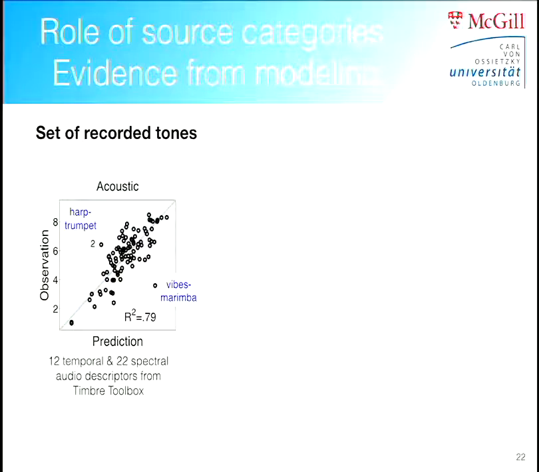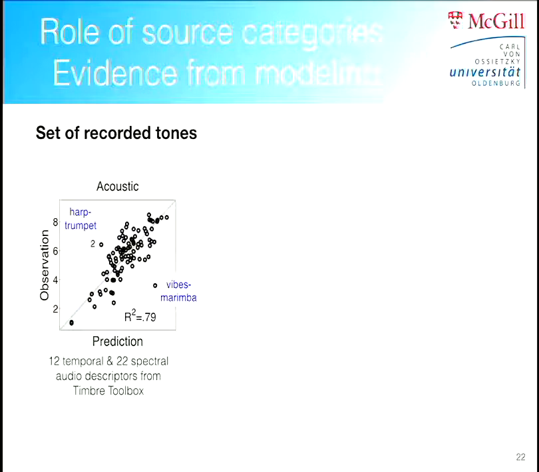underestimated similarity. And the thing to note there is that these two outliers correspond to the suggestion that categorical features play a role, because the vibes-marimba pair is, of course, coming from the same instrumental family, and the harp-trumpet pair is coming from different families.